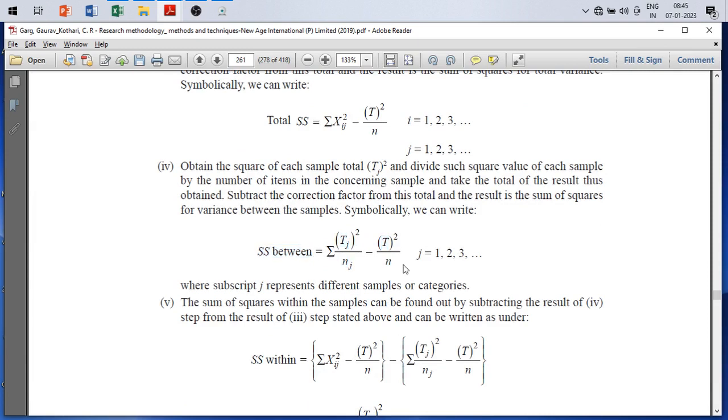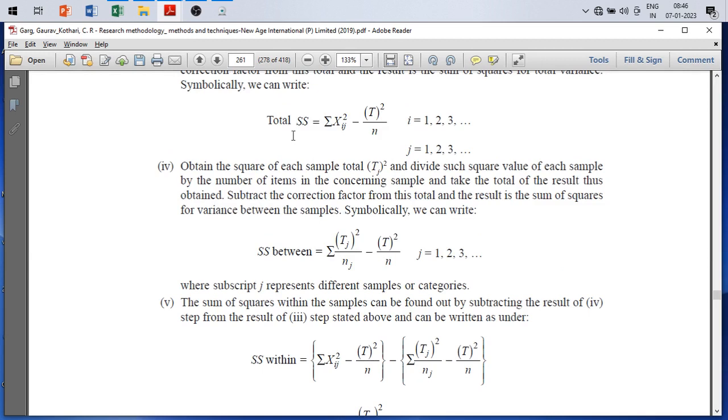SSB we can calculate by this formula, sigma Tj square. Now Tj is the total for each group. We are taking one group at a time. So Tj is the total for a group, square of that divided by the number of items in that group, and we add that for all the groups, minus this correction factor. This is SSB.